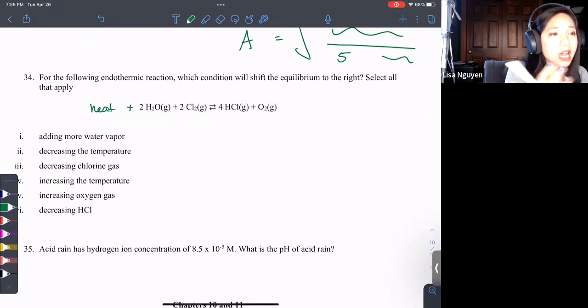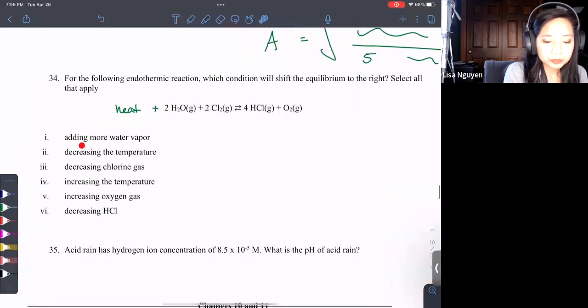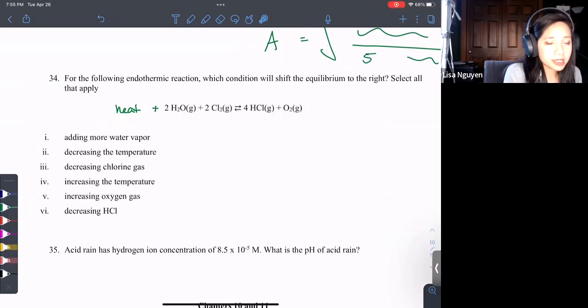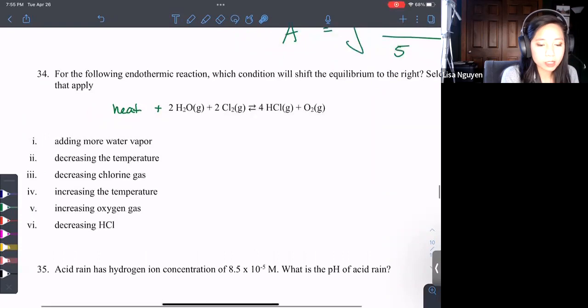This is how we adjust the reaction when we add or remove heat. So which ones shift to the right? I like to just do all of them and see how the equilibrium changes based upon if we add or remove substances. If we add more water, we're adding more reactant. I like to think, if we add more of that, the reaction is going to go forward.